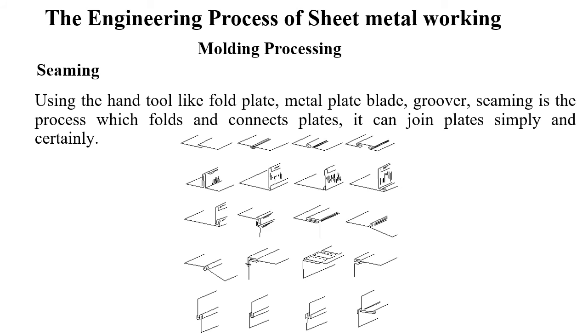Let us talk about the engineering process of forming, or the engineering process of sheet metal working. Here I have chosen that you may say about the seaming. Seaming is how you can do a joint after you have finished your product.